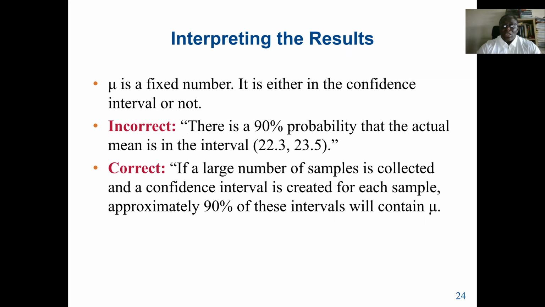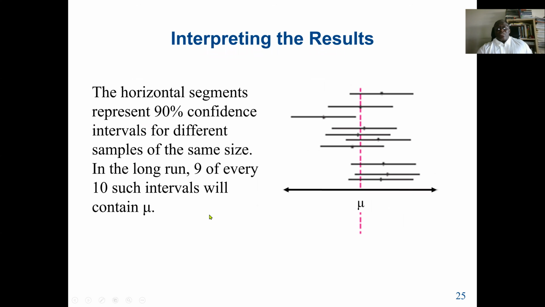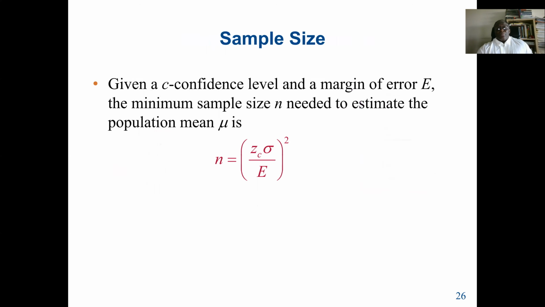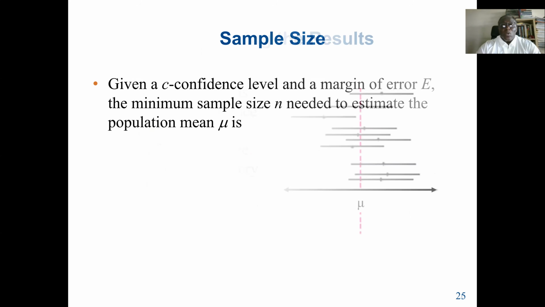Now, that's the condition: the sample is large, that is 30 or more, and the confidence interval is created for each sample. It can be 95%, 80%. Here it was 90%. So let's go back one.